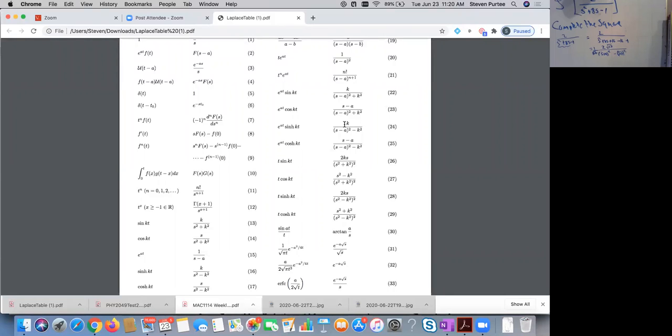Okay, so sometimes you have to play around. Sometimes you have to split stuff up and have a sine term and a cosine term.